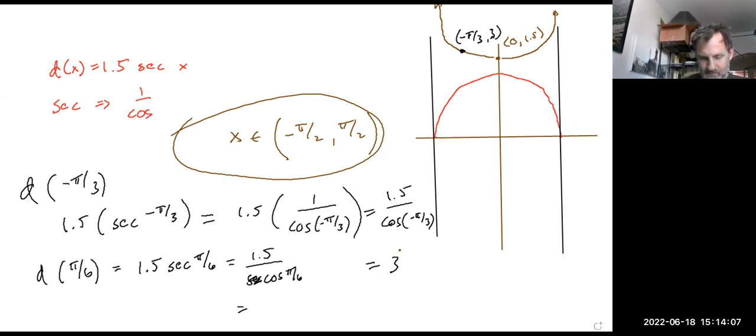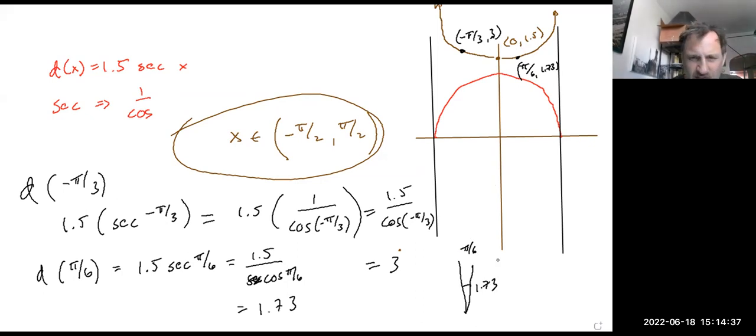This time the value is not nice. Well, we can give it an exact value, but it's giving us rounded to 2 decimal places. I got 1.73. So that's going to be over here, pi sixths, comma 1.73. So at an angle turning to the east, at an angle of pi sixths, the boat is 1.73.